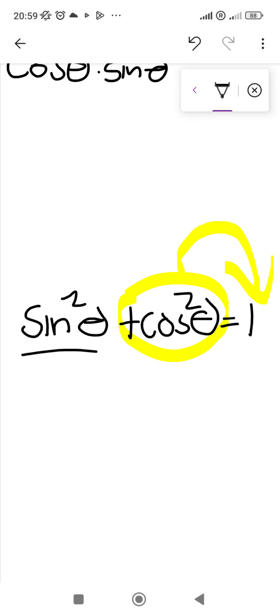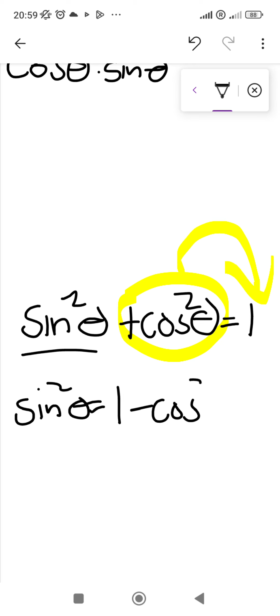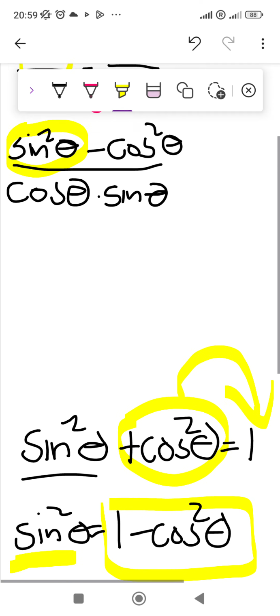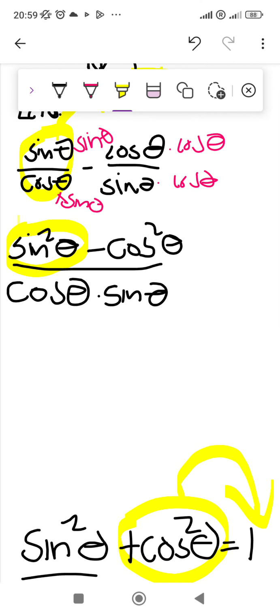So sine squared theta equals 1 minus cos squared theta. So I'm going to go back to the question above, and where I have sine squared theta, I'm going to replace it with 1 minus cos squared theta.